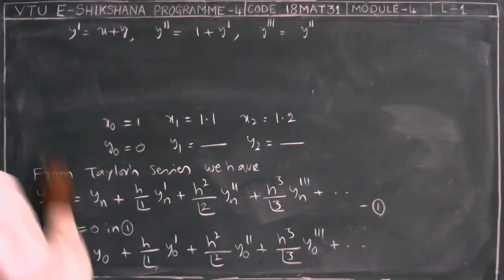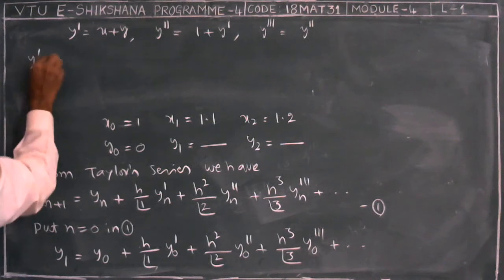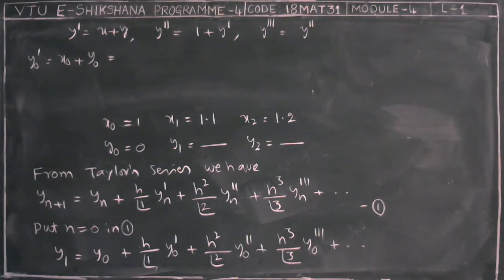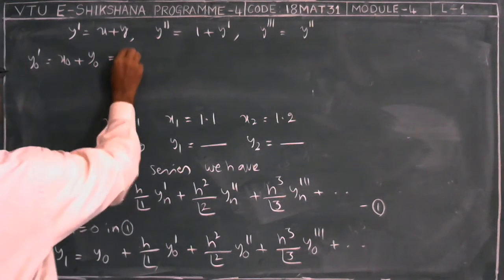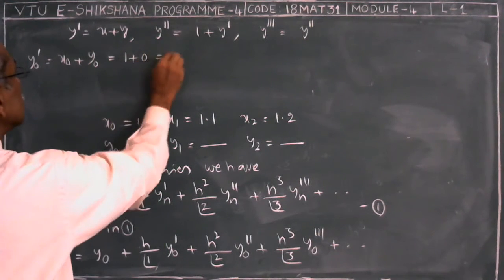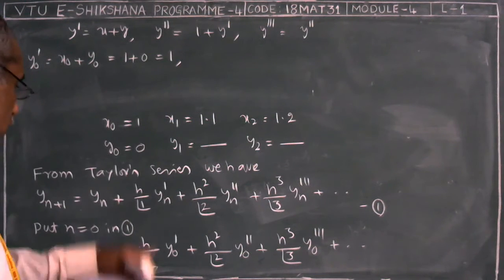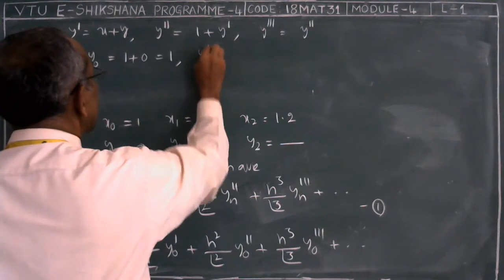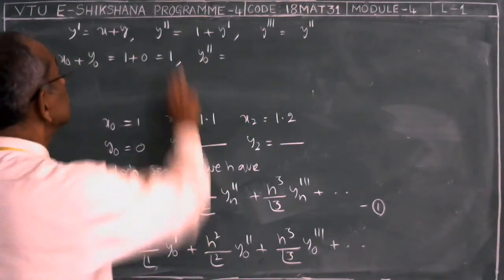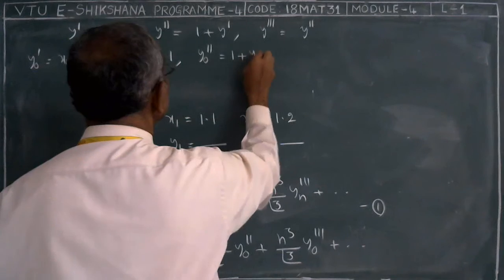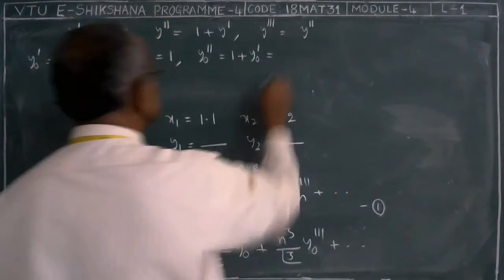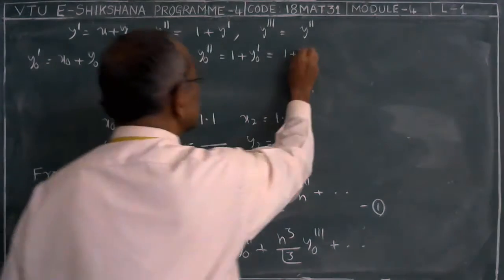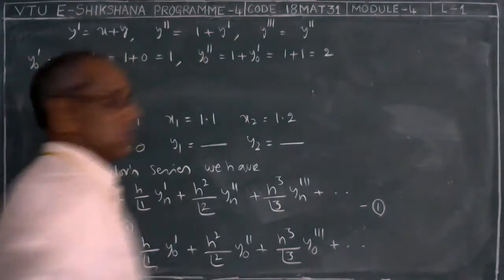So now I need to calculate. y naught dash is x naught plus y naught. What is x naught? I will retype: x naught is 0 and y naught is 0, so this is equal to 0. Then y naught double dash is 1 plus y naught dash. y naught dash is 1, and 1 plus 1 is 2.